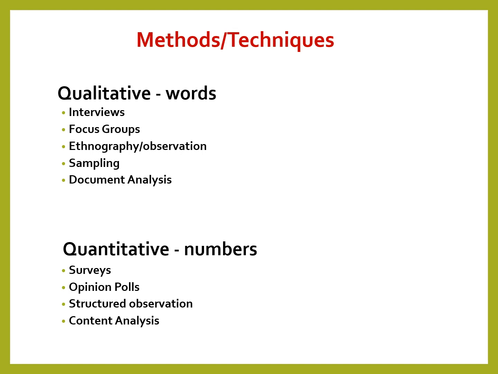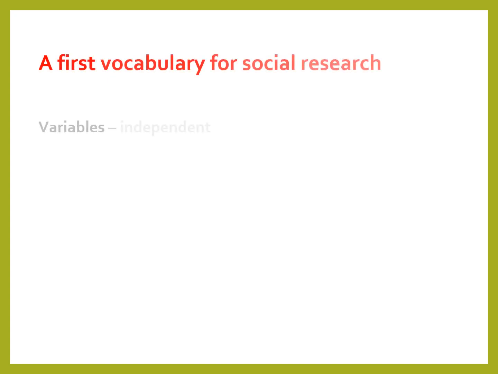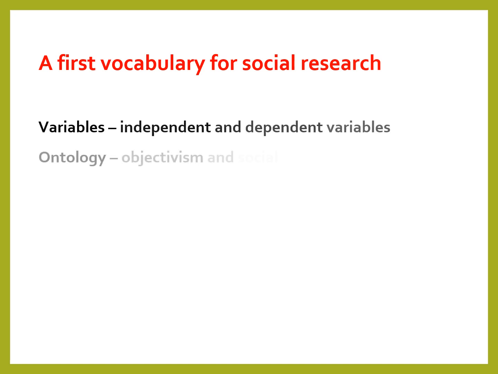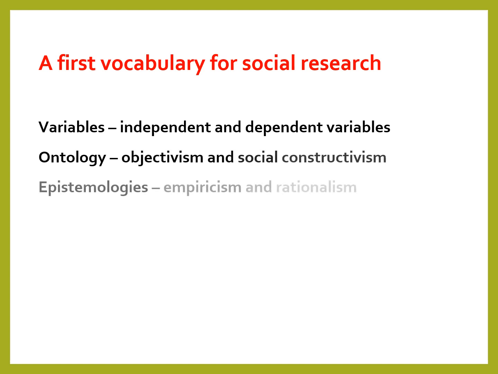So let us now, to end this lecture, sum up the vocabulary that we have built today. In our first attempt to build a vocabulary for social research, we discussed the significance of variables and distinguished between independent and dependent variables and how they sit in a research question.